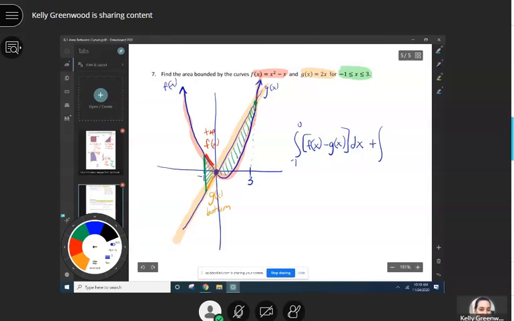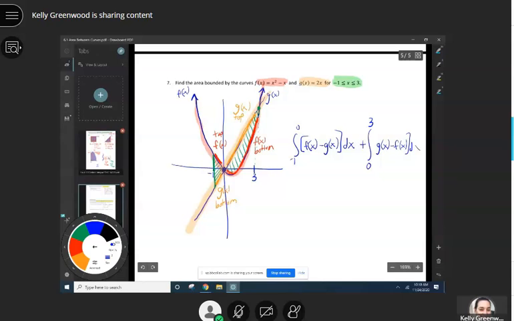An integral, I pick it back up at 0, and then I go all the way to 3, and in that case, the g function is on top, and the f function is on bottom. So g function is on top, f function is on bottom. Oh my gosh, I just have to type all that into Desmos.